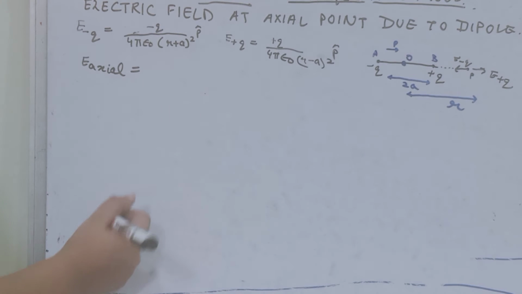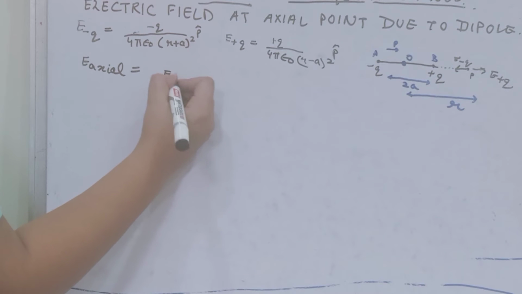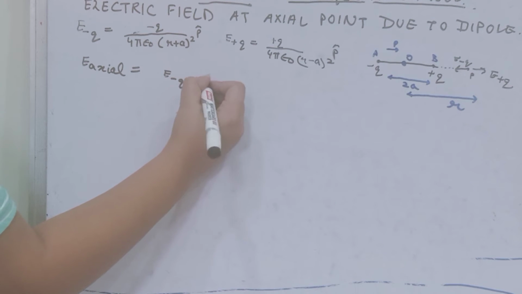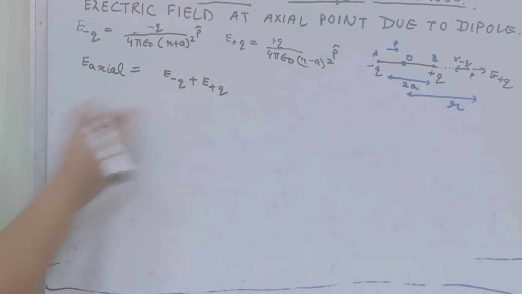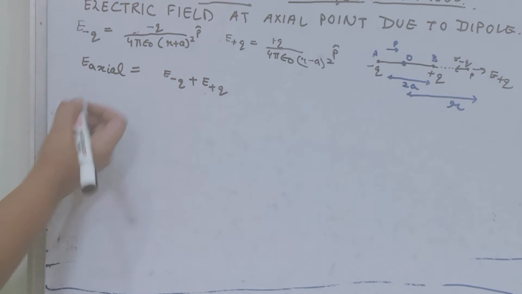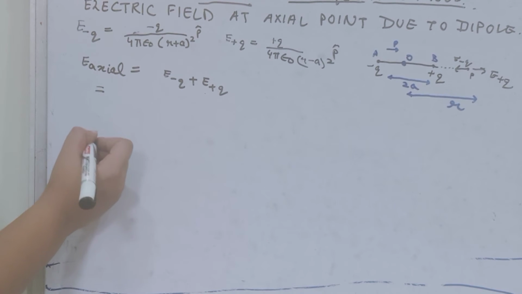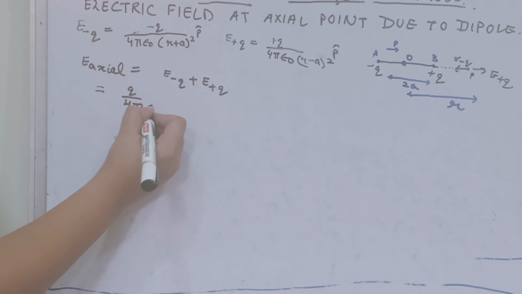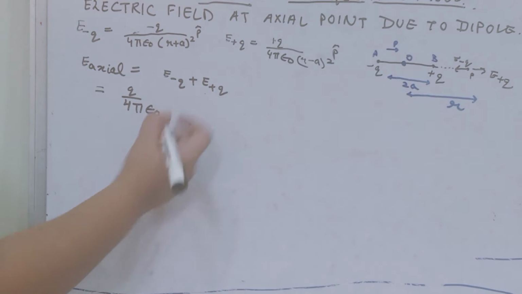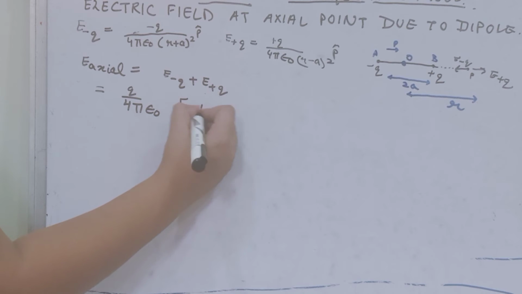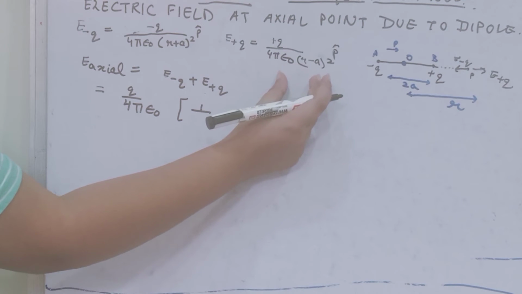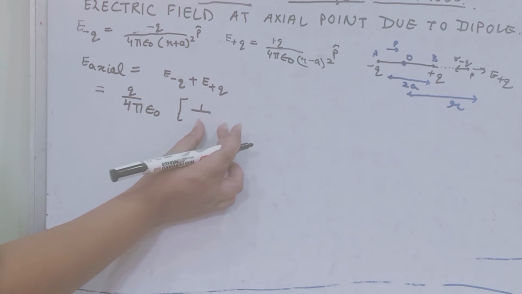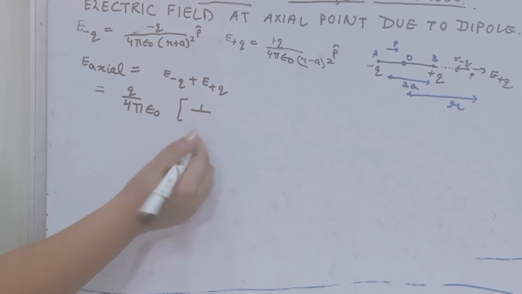That will be equal to electric field due to minus Q plus electric field due to plus Q. Fine, that is nothing but equal to Q upon 4 pi epsilon naught is common, and 1 upon, I am writing it at the first place because then we will write this with the negative sign.